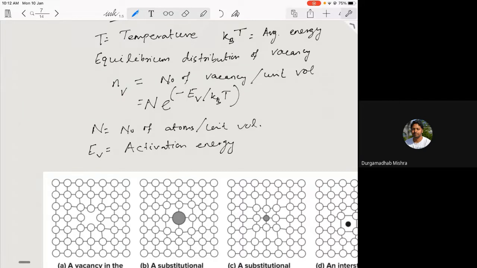And the reason being, more and more atoms get the activation energy. Where do they get this activation energy from? Basically from the thermal energy. And as you increase the temperature, the thermal energy will be higher, and therefore the probability of breaking these bonds will be much higher, and therefore you will have more vacancies as you increase the temperature.